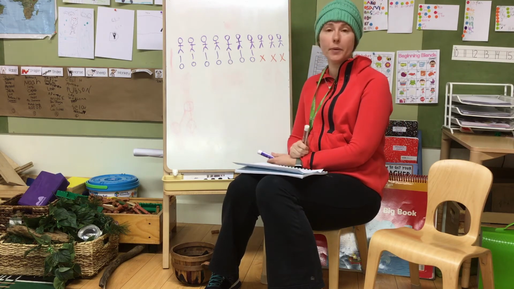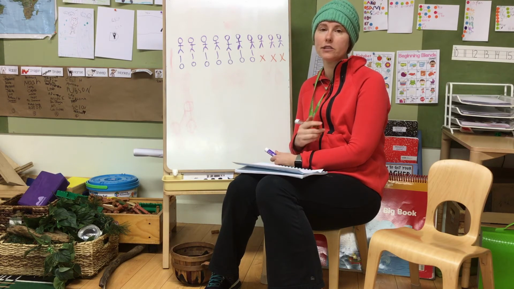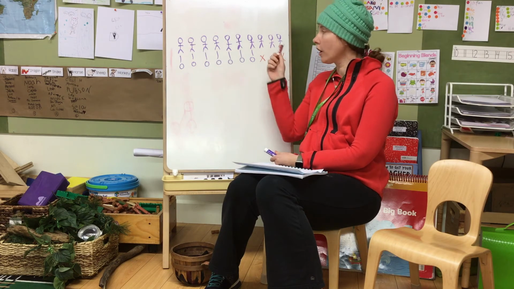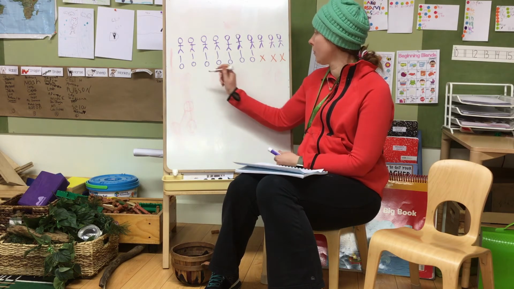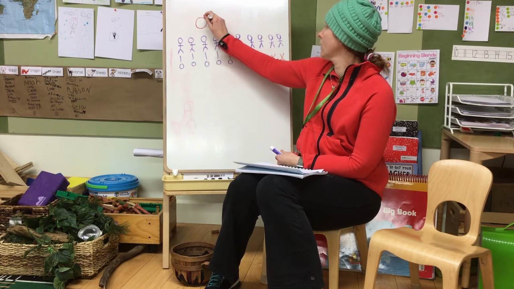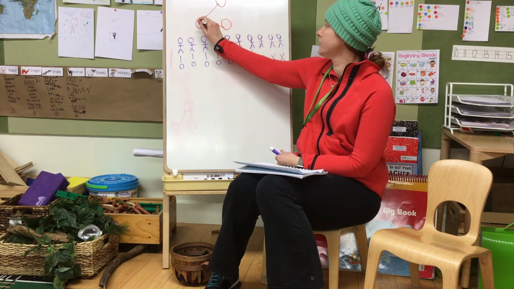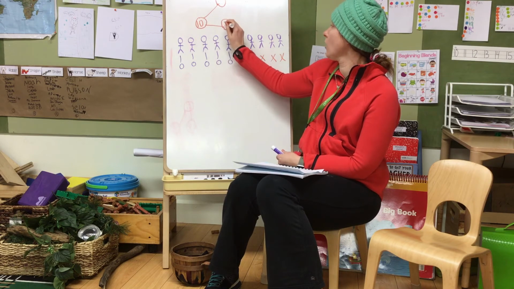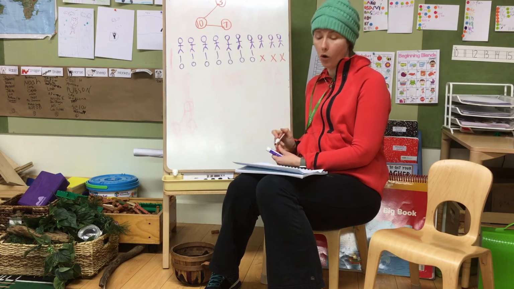He's missing 3 oranges. He's short or less 3. He needs 3 more so that all his friends could have an orange. So the number bond for this problem, still working on the idea of 10 as a whole. He had 7. He needs 3 more oranges.